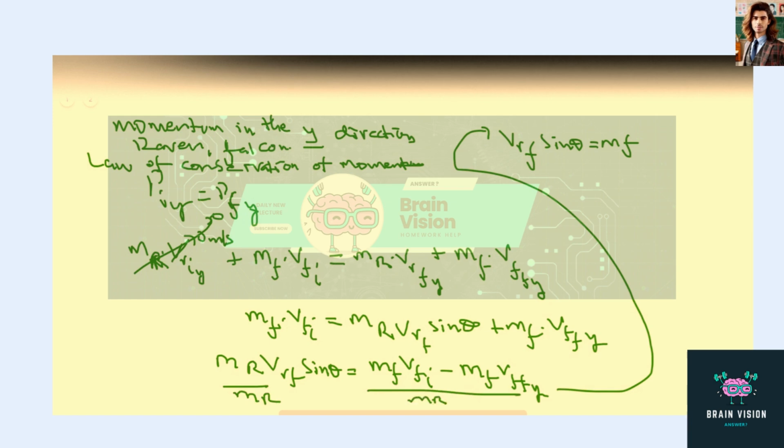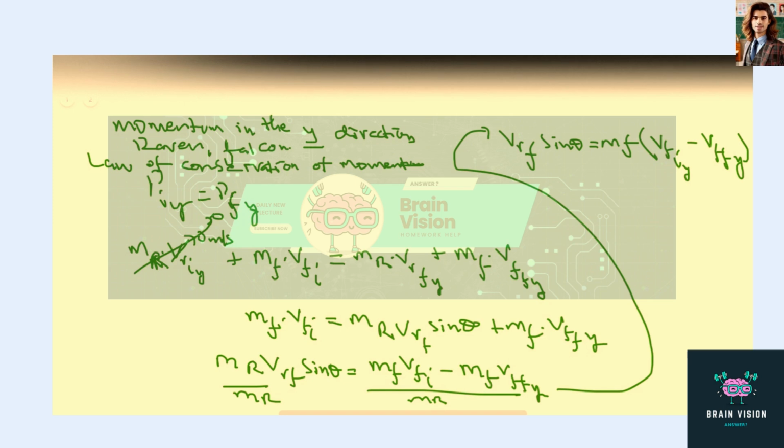We can pull out the mf, so Vfi minus Vf final: the initial velocity of the falcon in the y direction minus the final velocity of the falcon in the y direction.